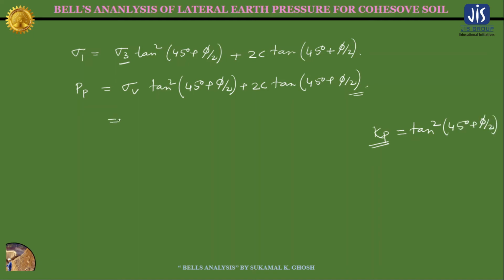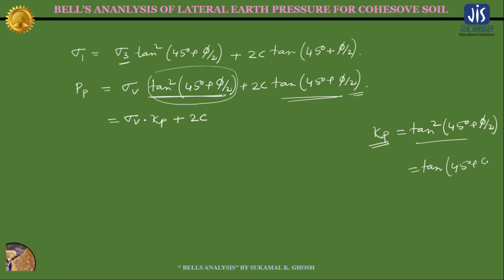So let me write it here: sigma v into Kp, because this whole expression is nothing but Kp, the coefficient of passive earth pressure, plus 2c, and again this expression is nothing but the square root of Kp. If tan square (45 degree plus phi by 2) is equal to Kp, then tan (45 degree plus phi by 2) is the square root of Kp, right? So let me write it here, square root of Kp.